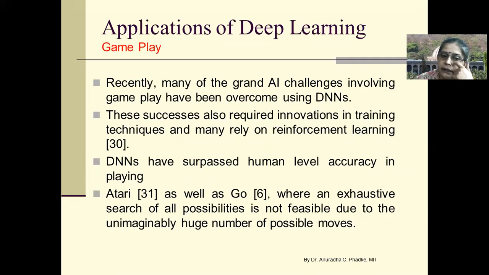That's why here reinforcement learning is used. DNNs have surpassed human level accuracy in playing. A few examples are Atari or Go, where an exhaustive search of all possibilities is not feasible due to the unimaginably huge number of possible moves. So in such cases, your deep learning techniques can work well.